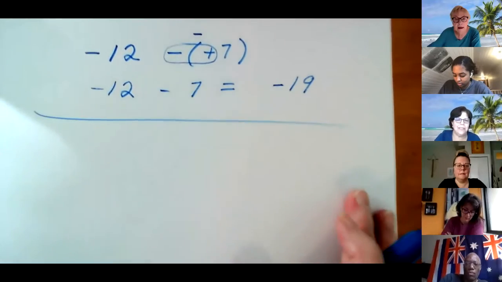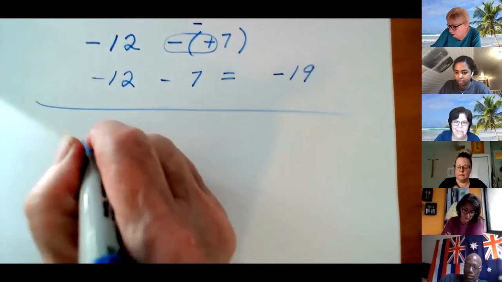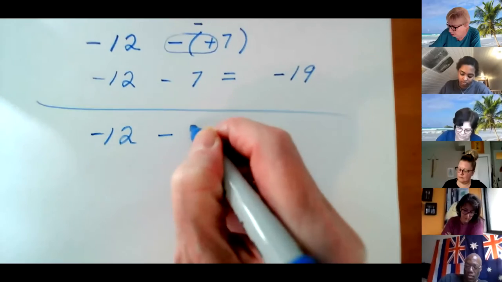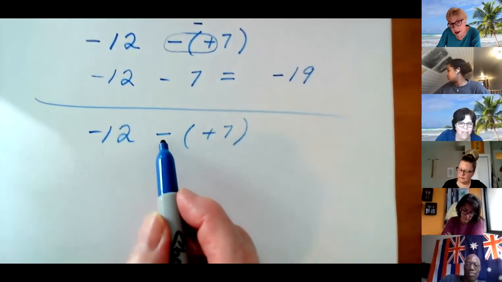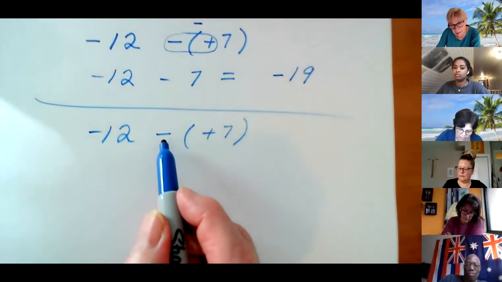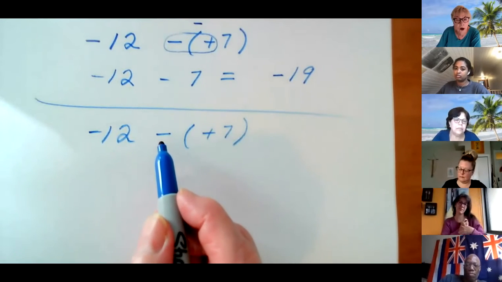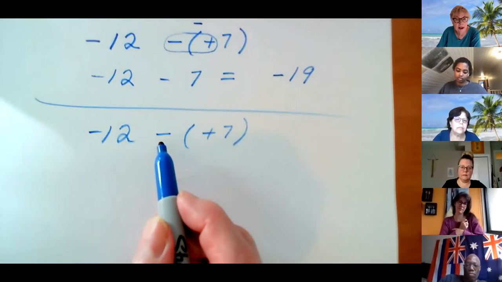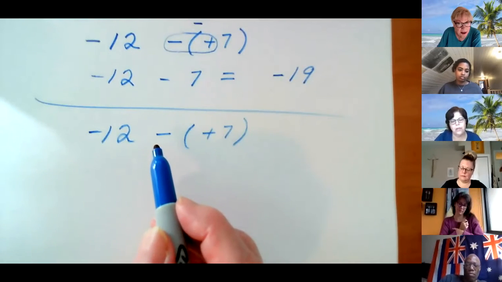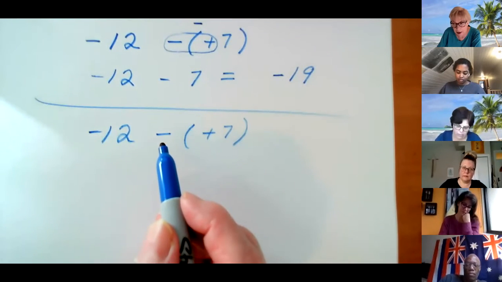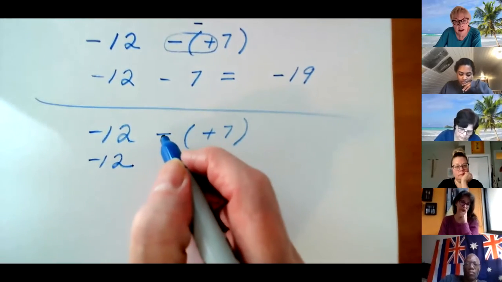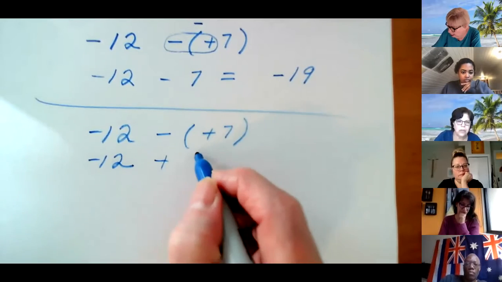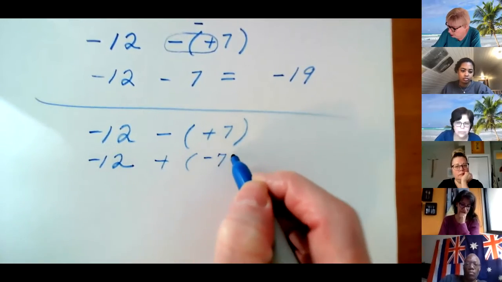Let me walk you through the other approach. When I see this as subtract, one rule that will always work for you, and I'm not saying this is the best rule, I'm just saying you can count on it, is you copy the first number, subtract goes to add, and the second number goes to its opposite sign.